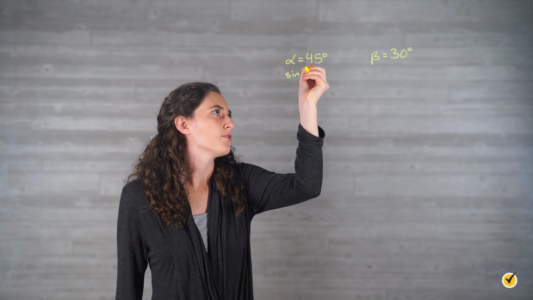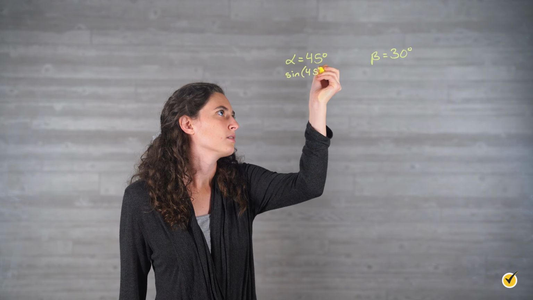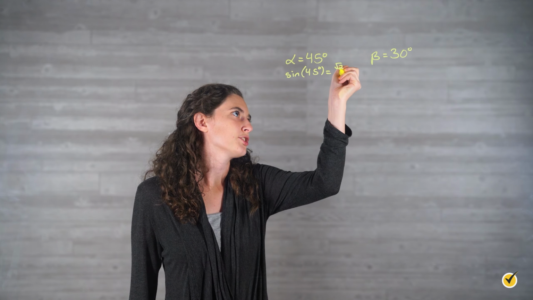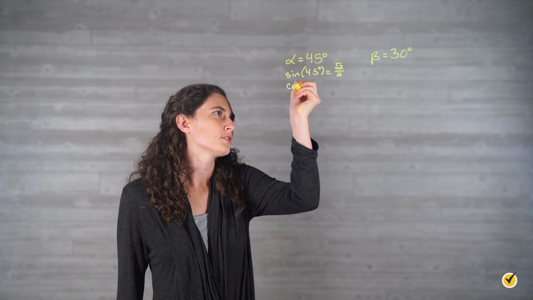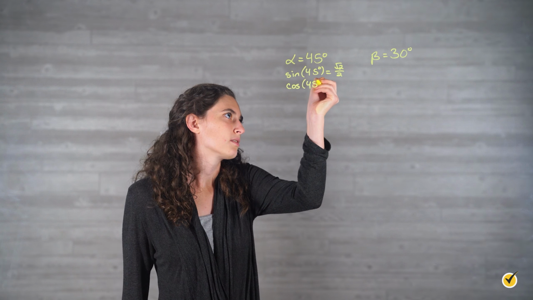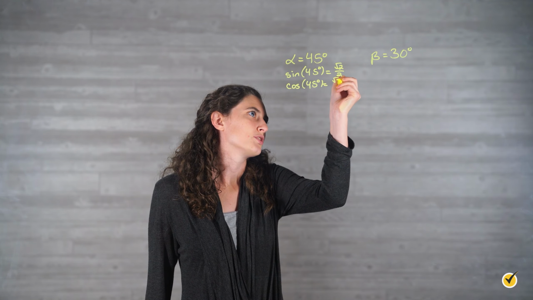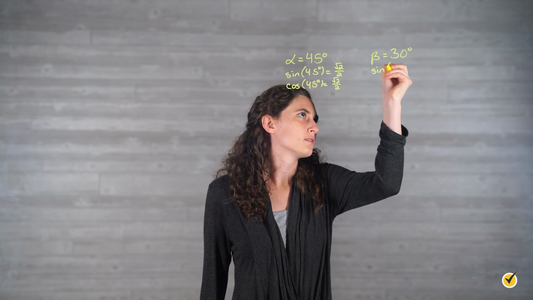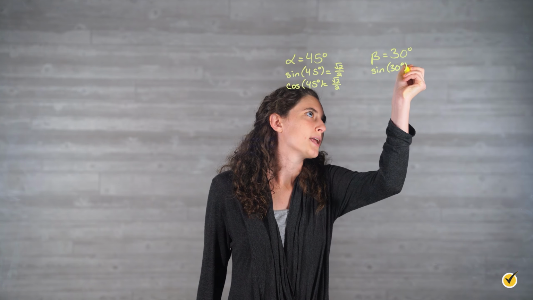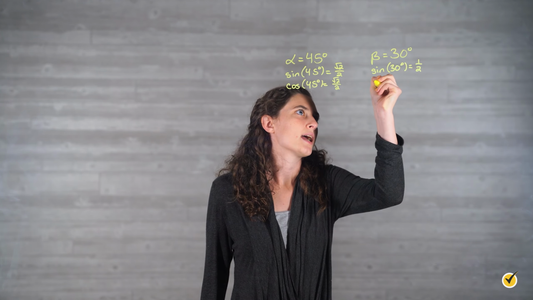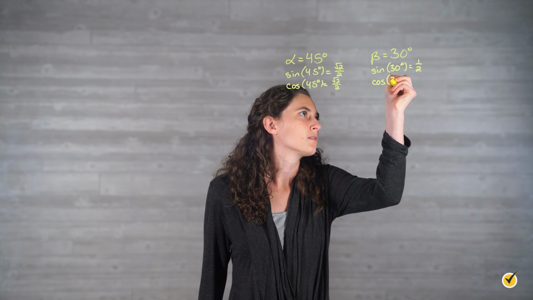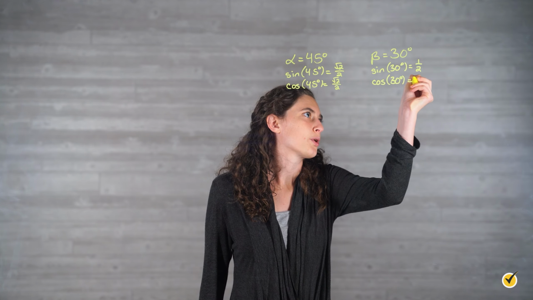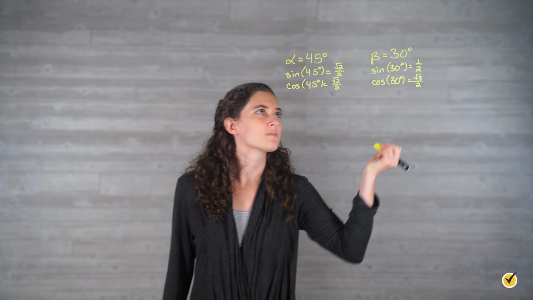The sine of 45 degrees is equal to the square root of 2 over 2, and the cosine of 45 degrees is also the square root of 2 over 2. The sine of 30 degrees is 1/2, and the cosine of 30 degrees is the square root of 3 over 2.